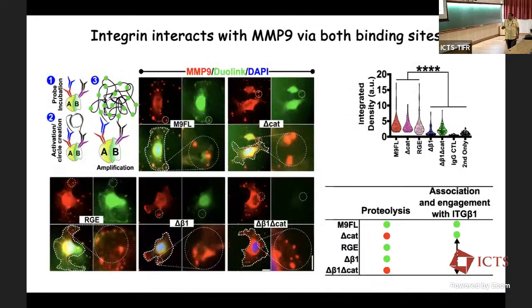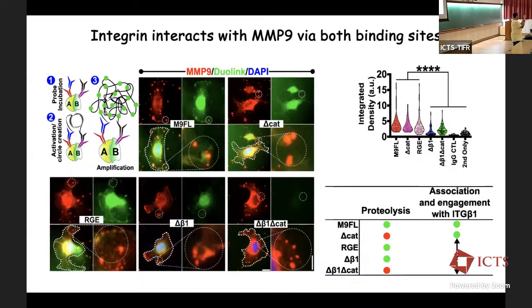So we asked first whether there is any association between MMP9 and integrin, which we can spatially localize, and where these associations occur in MMP9 as well as in the different mutants. We did this using an assay called proximity ligation assay, which can detect proteins in close proximity. All these mutants express MMP9. The Duolink signal is what you are detecting.